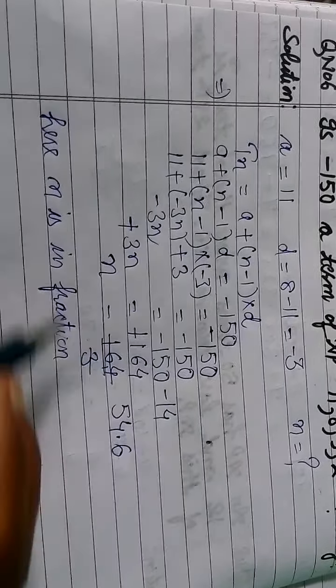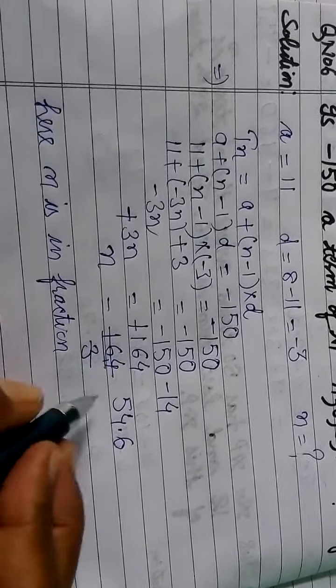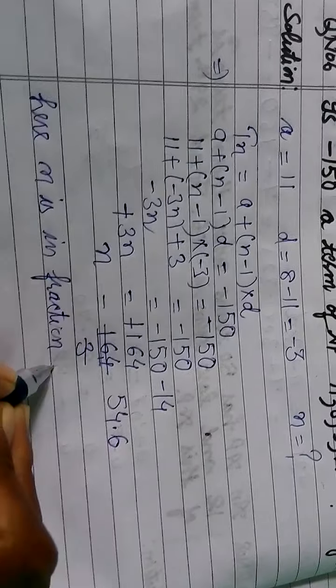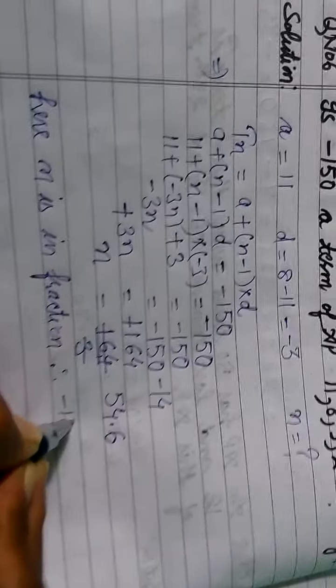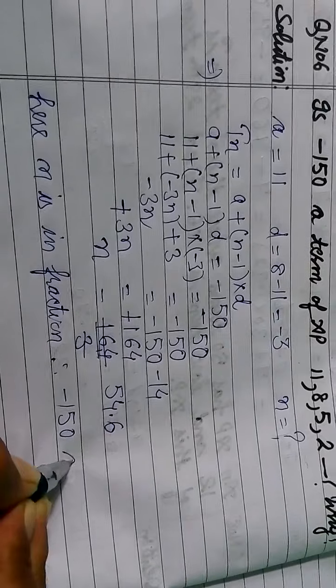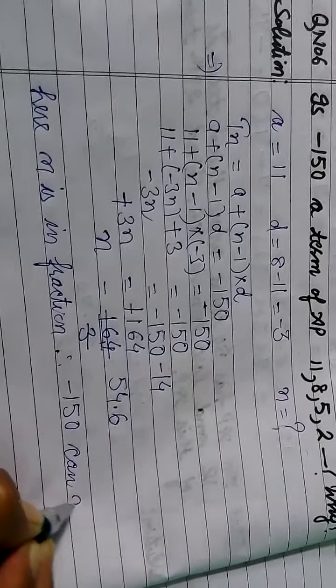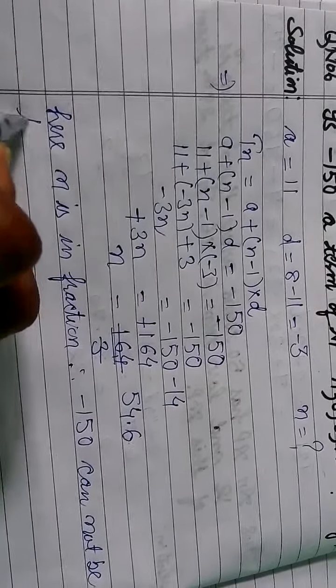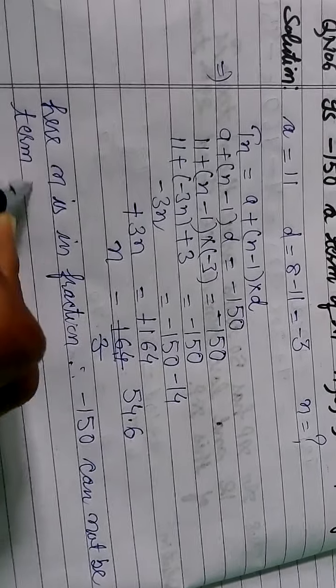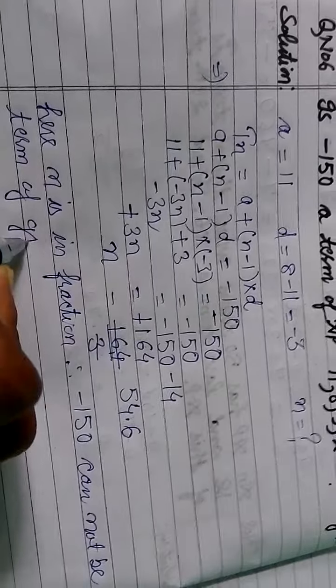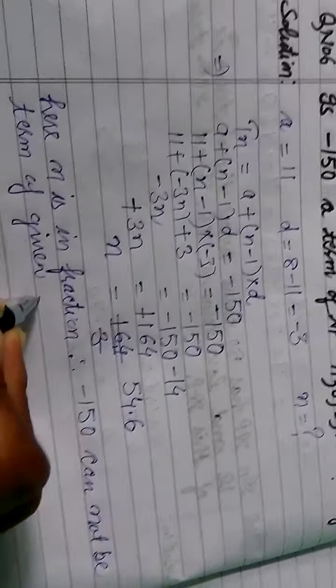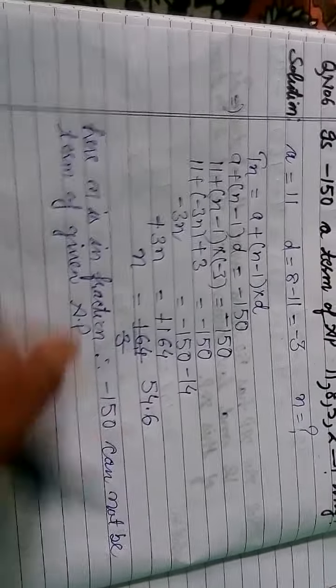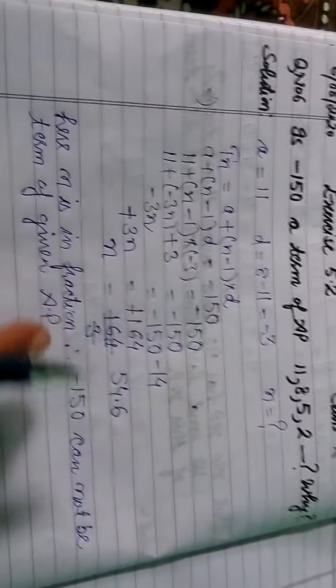So here n is in fraction, or not a whole number, therefore minus 150 cannot be a term of the given AP. We have given the reason why this cannot be the term, so we got the answer.